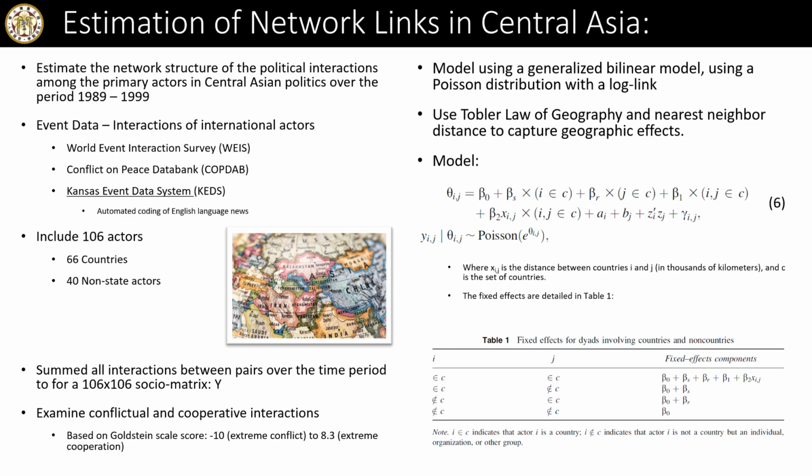It was started at the University of Kansas, but has since been absorbed as a government entity, and I'll address that at the very end. But at the time, it was called the Kansas Event Data System, KEDS.